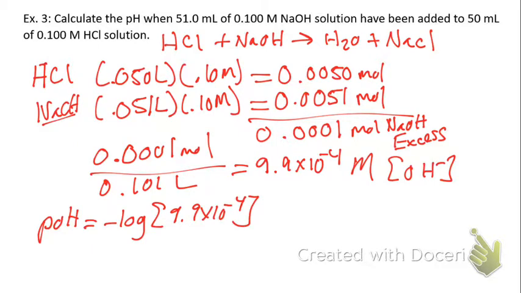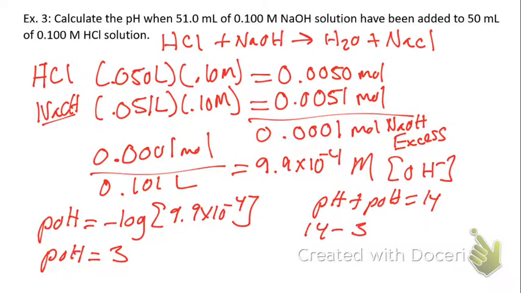If we take the negative log of that number, we find that the pOH should equal 3. All right, so if we want to find the pH, remember pH plus pOH is equal to 14. So 14 minus 3 will give us our answer, which is going to be 11.